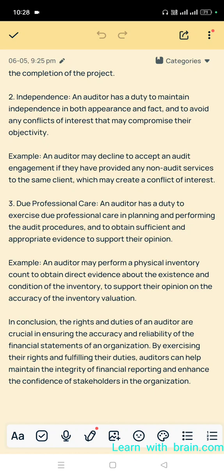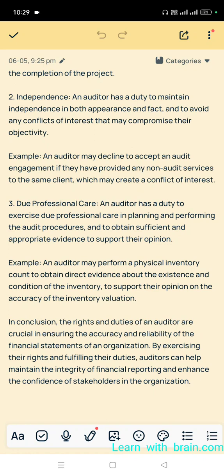For example, an auditor may decline to accept an audit engagement if they have provided any non-audit services to the same client, which may create a conflict of interest.